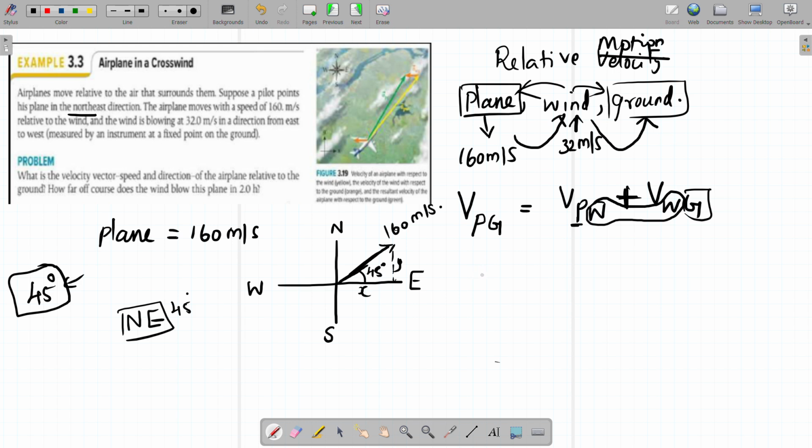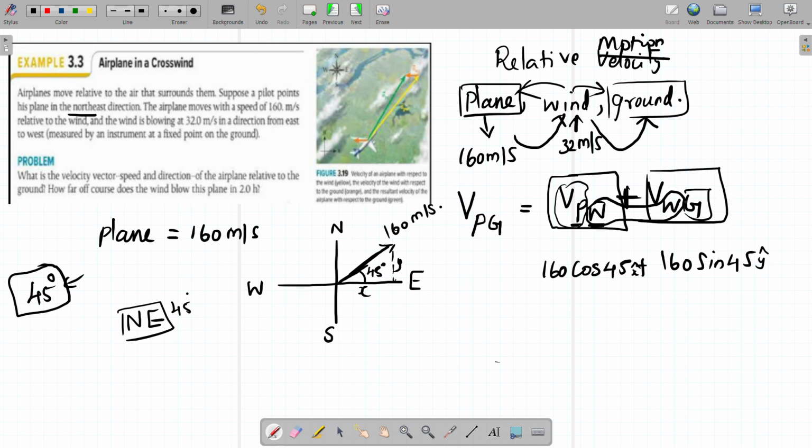Now first, VPW, the speed of plane is 160 with respect to the wind. But it has two components. First you write 160 cos 45 plus 160 sin 45. This is the x coordinate and this is the y coordinate.